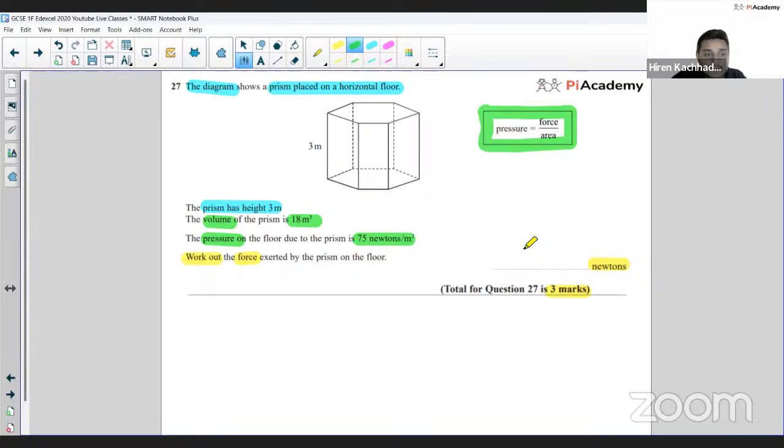Coimbatore, please try this question. Okay, last 30 seconds, everyone. Try to solve this.